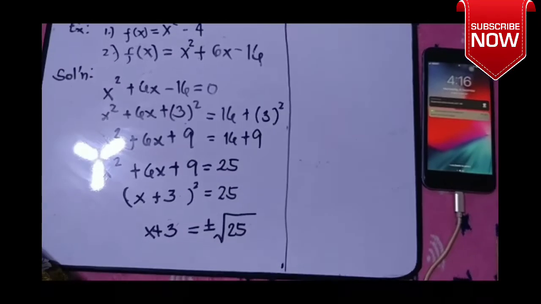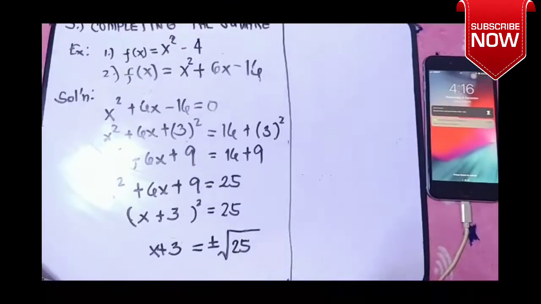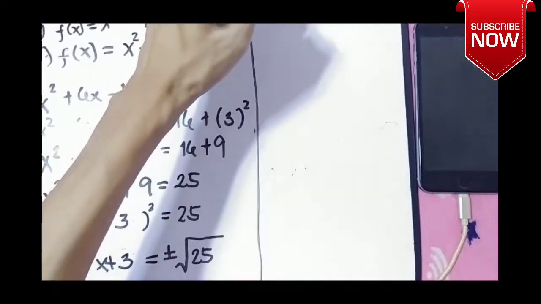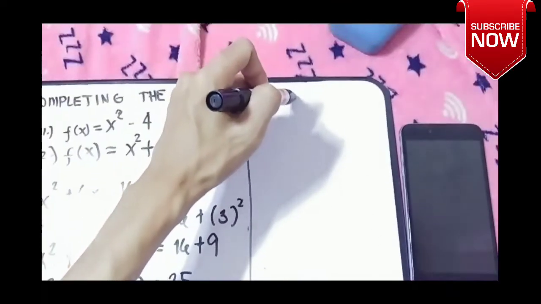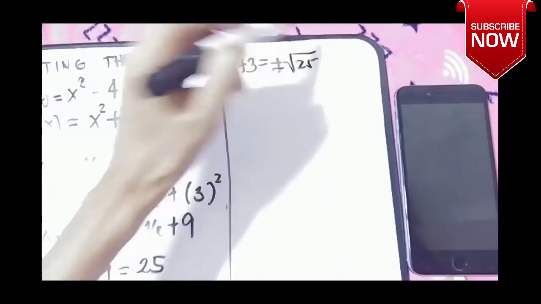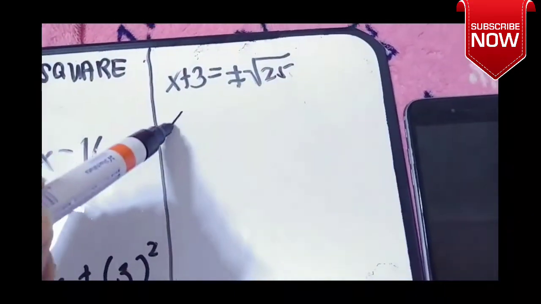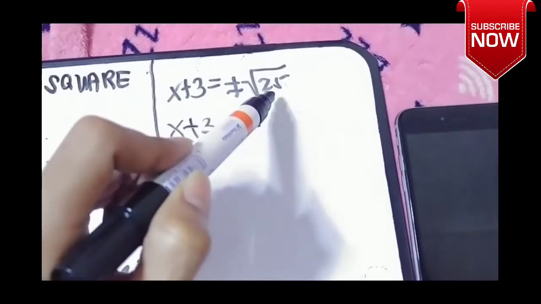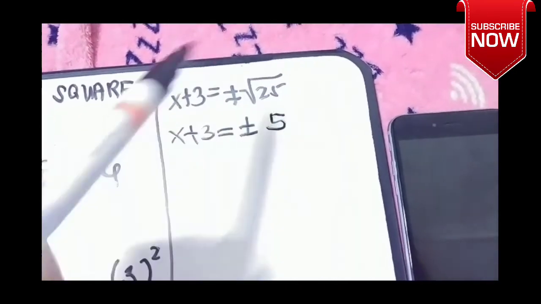So, ang susunod na gagawin natin ay extracting the square. So, from the given x plus 3 equals positive, negative, square root of 25. Okay? So, x plus 3 equals plus minus square root of 25 is 5.